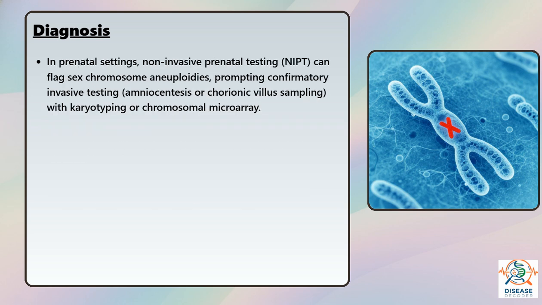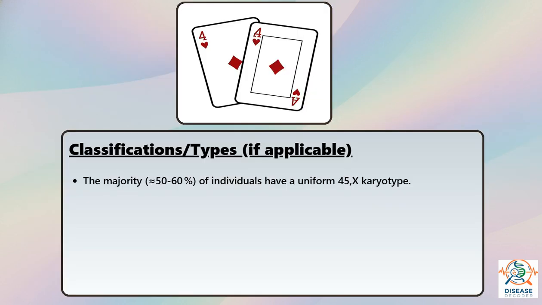In prenatal settings, non-invasive prenatal testing, NIPT, can flag sex chromosome aneuploidies, prompting confirmatory invasive testing, amniocentesis or chorionic villus sampling, with karyotyping or chromosomal microarray. The majority, approximately 50 to 60%, of individuals have a uniform 45X karyotype.